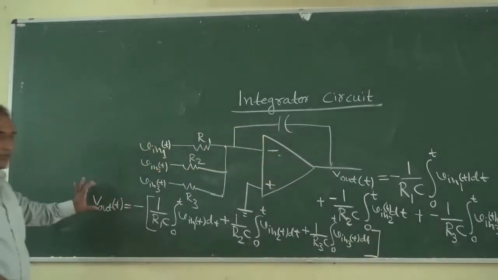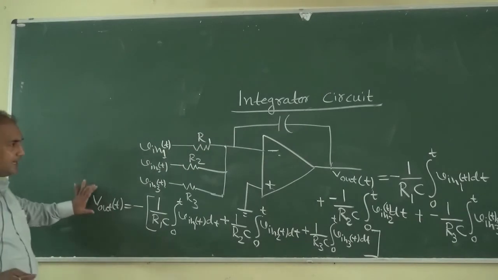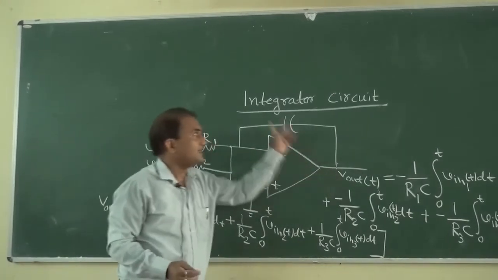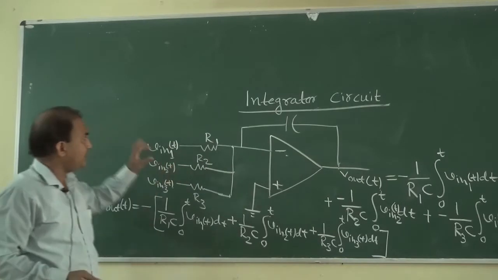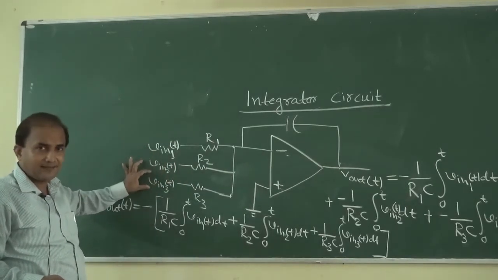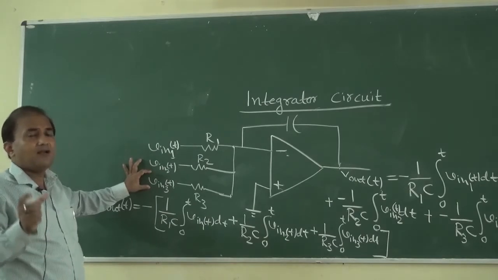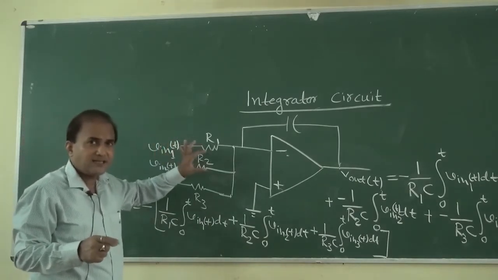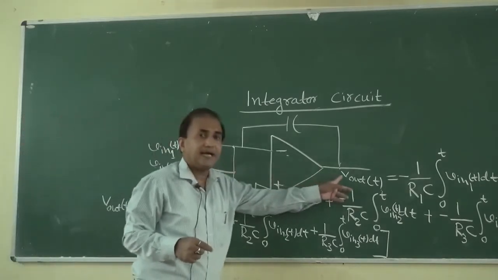Okay. So this is the expression of V output T for this integrator circuit having multiple inputs, V in 1 T, V in 2 T and V in 3 T.